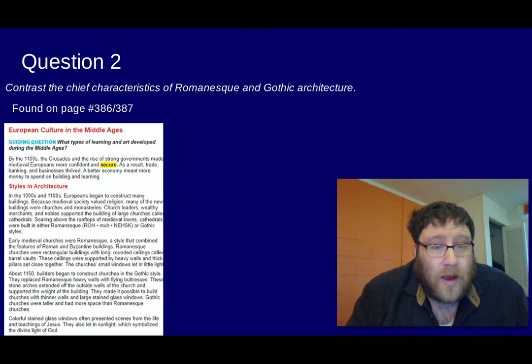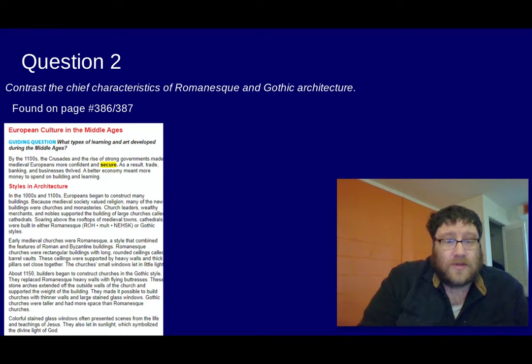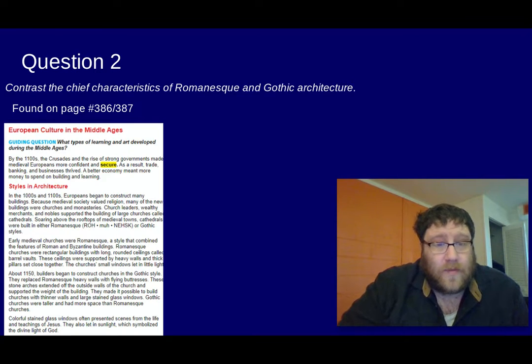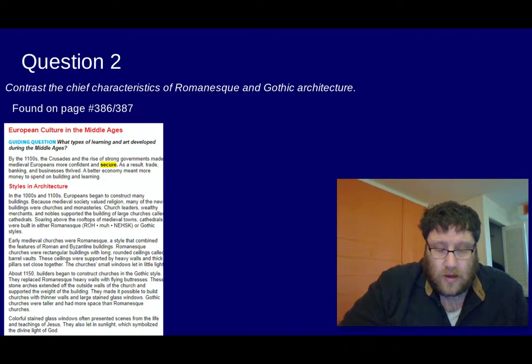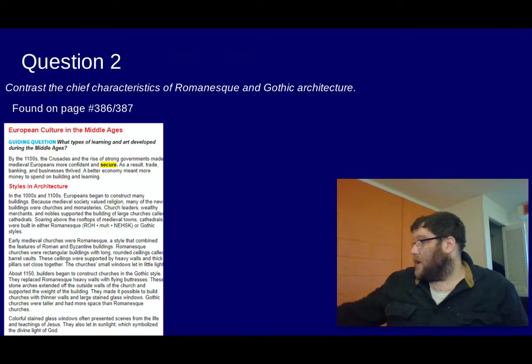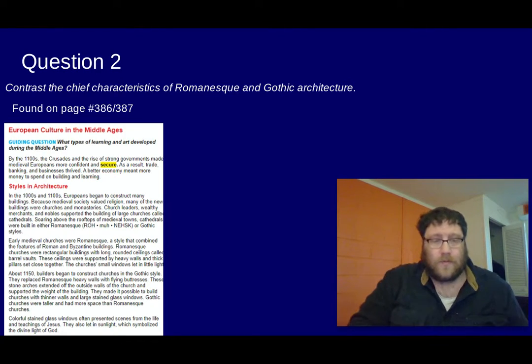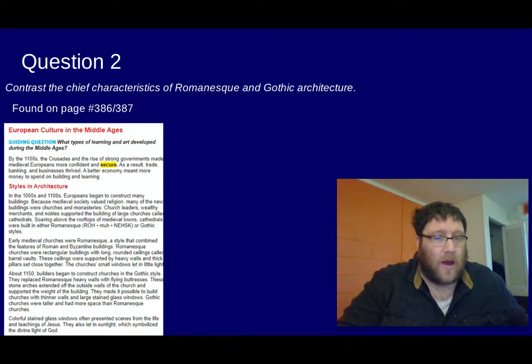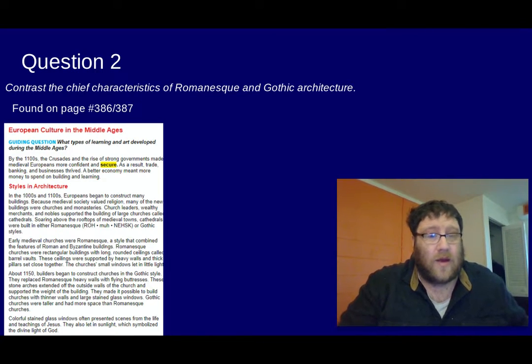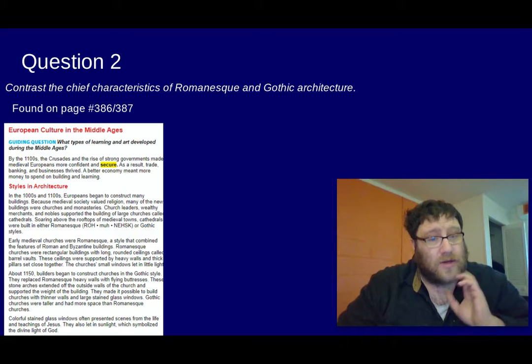These ceilings were supported by heavy walls and thick pillars set close together. The churches had small windows to let light in. By 1150, builders began to construct churches in the Gothic style.